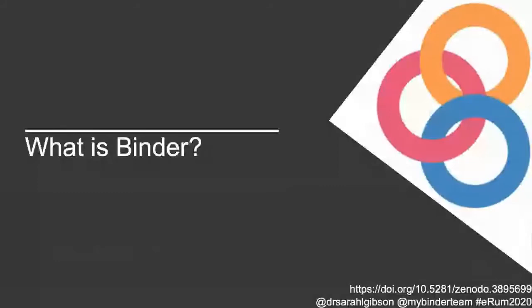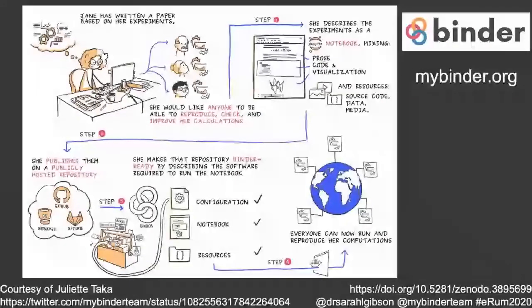You can write scripts, and in fact, Binder supports the RStudio interface, so you can write in RStudio. And she collects together the prose, the code, the visualizations, and any resources she might need, like source code, data, and media. She publishes all of this on a publicly hosted repository, such as GitHub, but other platforms are supported as well.